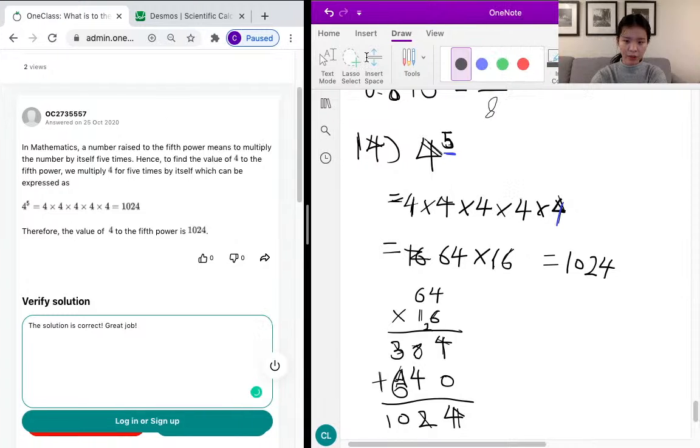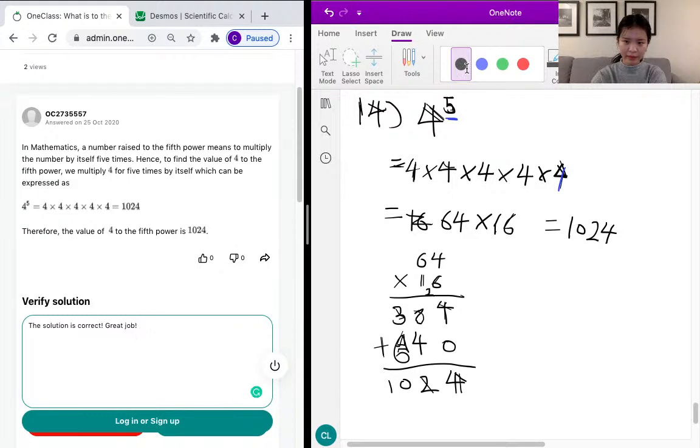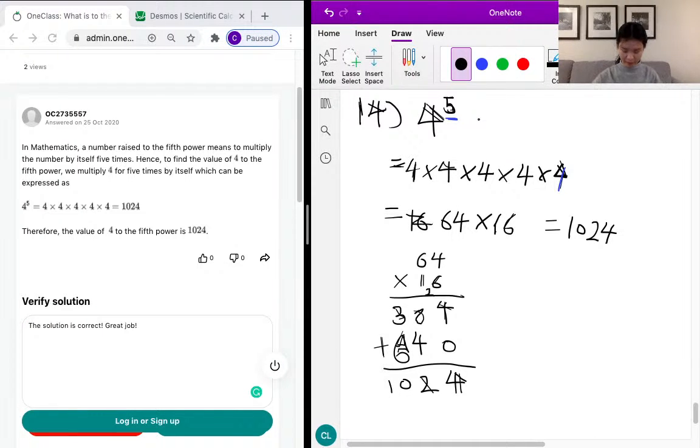I just need to note one more thing. So basically, 4 to the power of 5 is not 4 times 5, because 4 times 5 is multiplication, and 4 to the power of 5 is exponentiation.